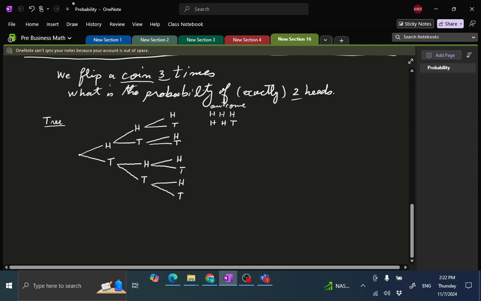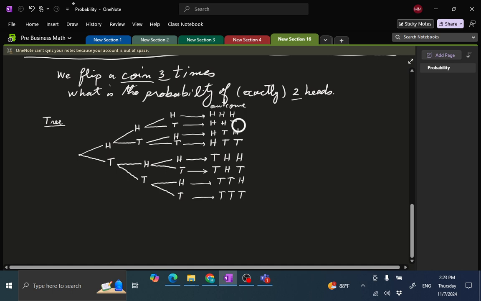Then heads, tails, tails. So this was that branch, this is that branch, and so on. Here we start with a tail, then heads, then heads. Then tails, heads, tails. Then tail, tail, head, and this one, tail, tail, tail.